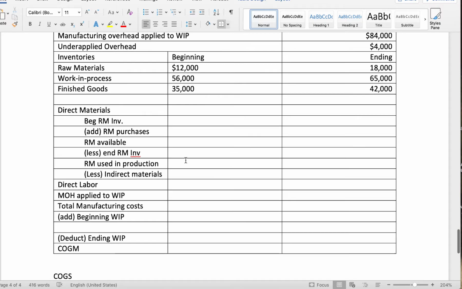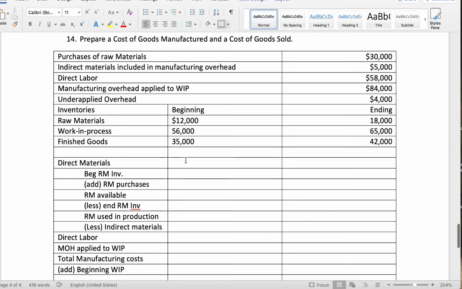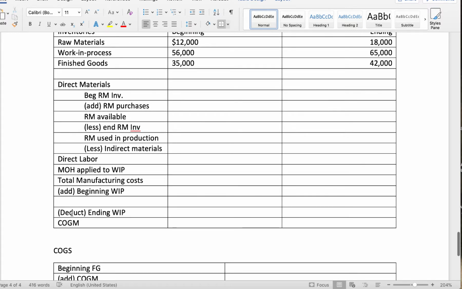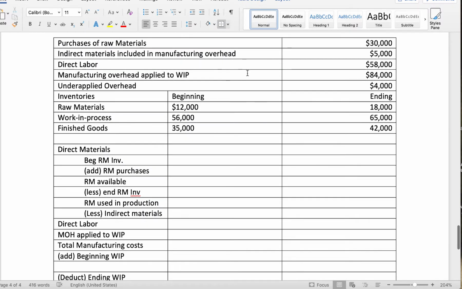I pretty much created the cost of goods manufactured statement here for you. I'm just going to fill this out and explain it as we go.